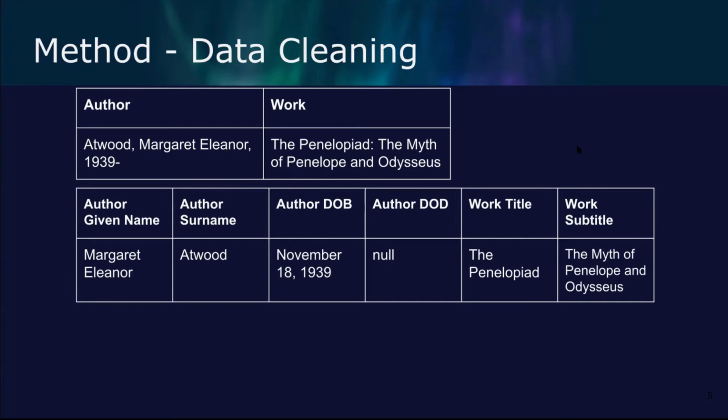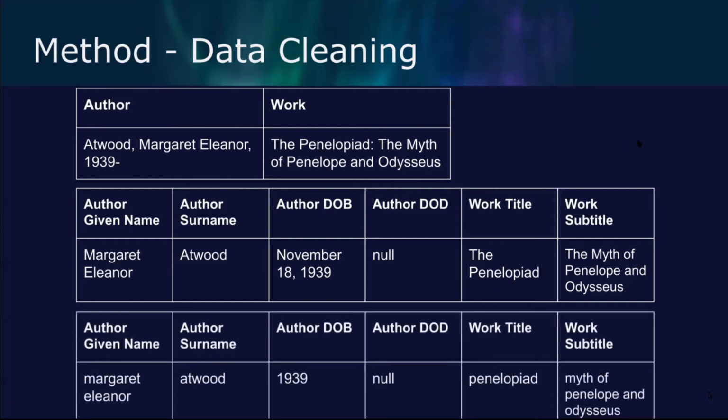We're working a lot with VIAF and Wikidata, so we make sure that we're extracting data that matches, or we're cleaning our input data to match what is in Wikidata in terms of what fields are available for bibliographic data. So an example here is just splitting the author name and the birth date and all of that so that you can do comparisons at a field specific level.